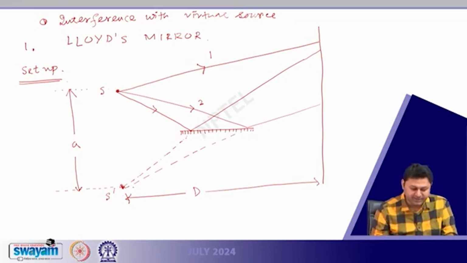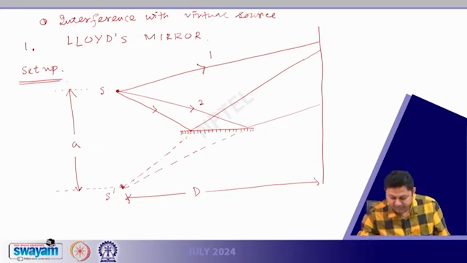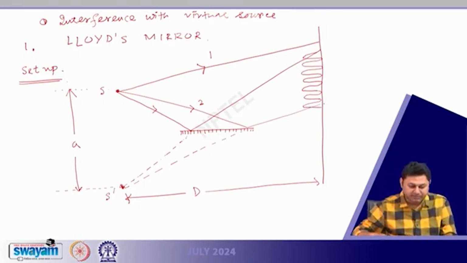The interference is happening because of the light that is coming from the real source, and the reflected light that is coming from the virtual source. So the interference pattern should form somewhere here, and this is the region where one can expect the interference pattern, the fringes having bright and dark patches.